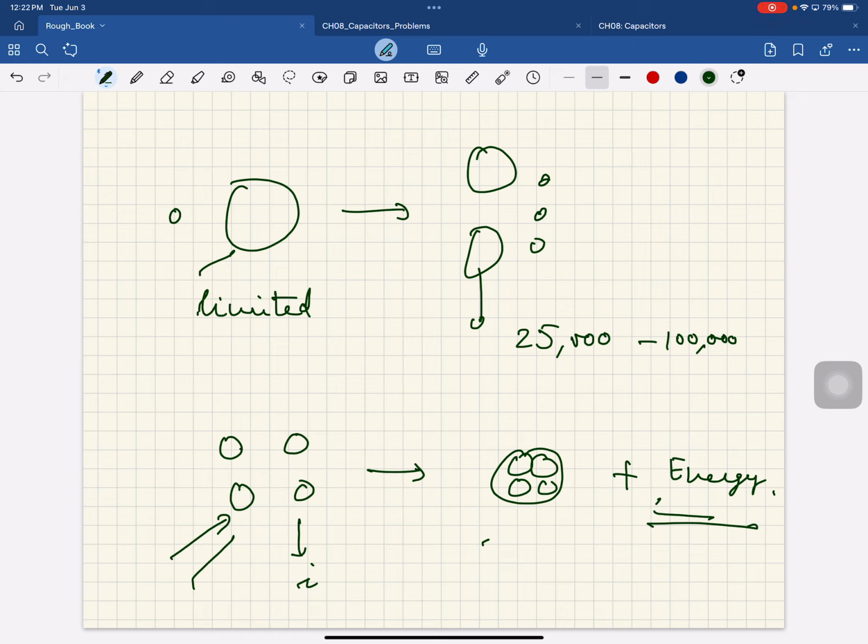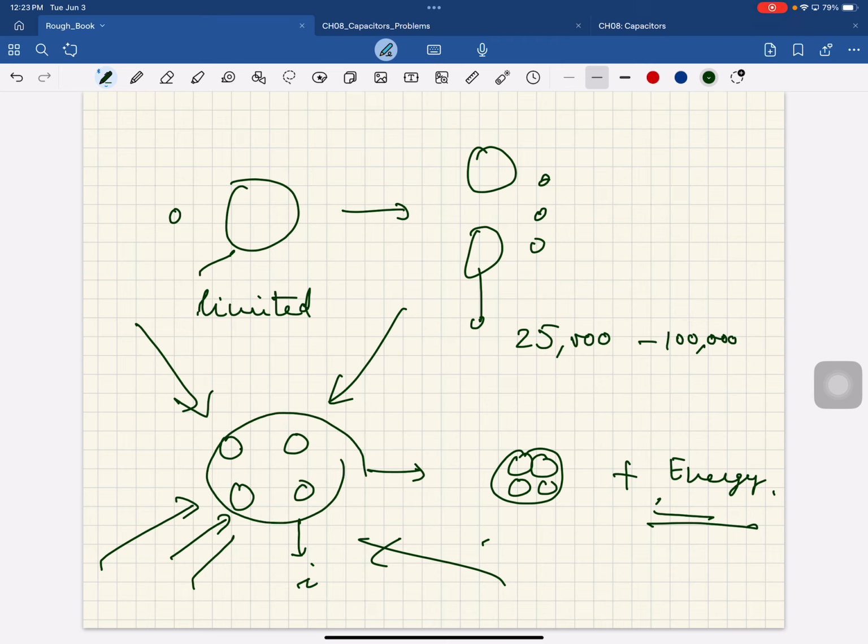And so what you do is you shoot lasers at pellets, heat it, and this pellet heats to a couple of billion degree Kelvin. And a few of those will come close enough and fuse.